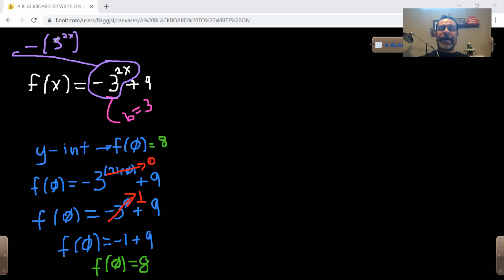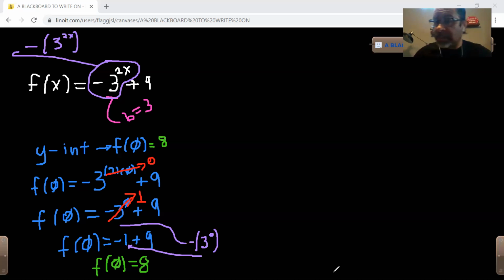So the minus is outside the base. The base is 3, it isn't minus 3. The minus is multiplying the result of the whole operation. That's why we have minus 3 elevated to the 0, and that's where we get this 1. So it's still congruent with what we were talking about.